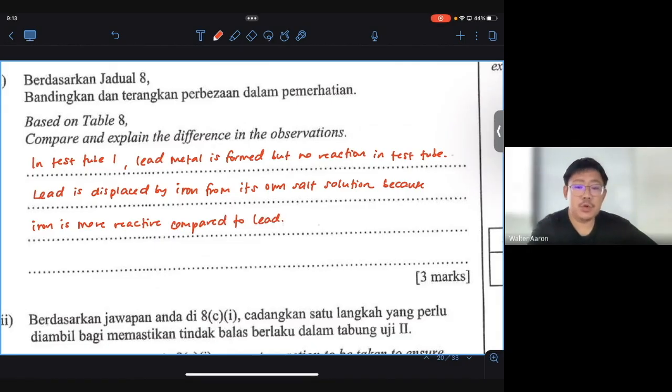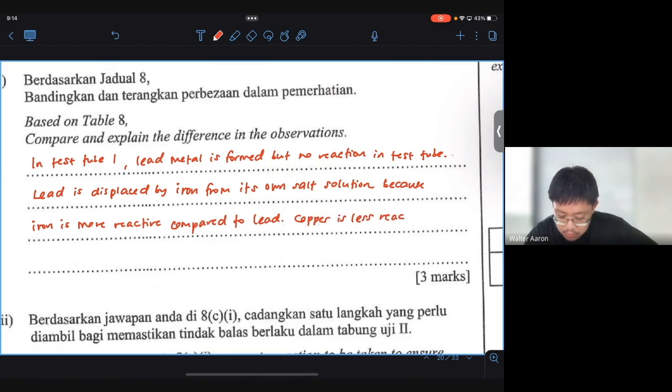And then explain also why the other one cannot. Then you say that copper is less reactive than lead. It cannot displace lead.